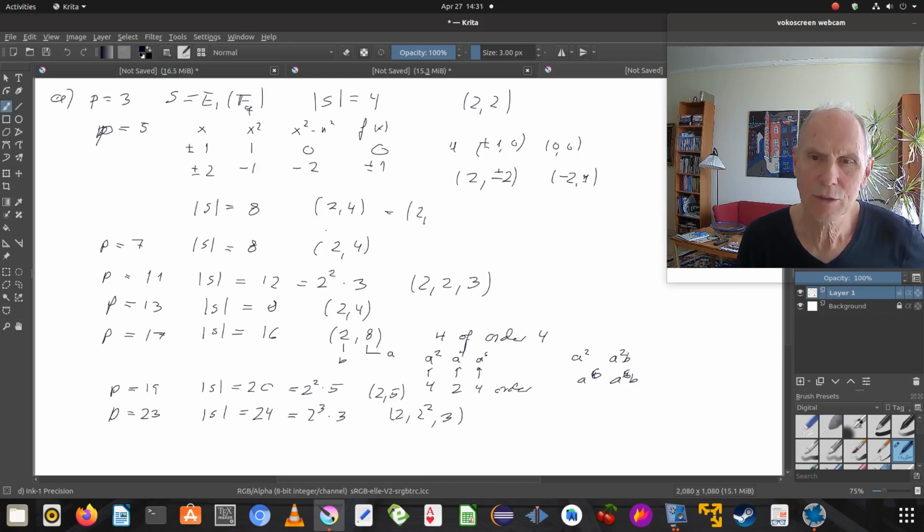It's 2.2 squared traditionally, etc. This way we should have 4 points only of order 4, exact order 4.